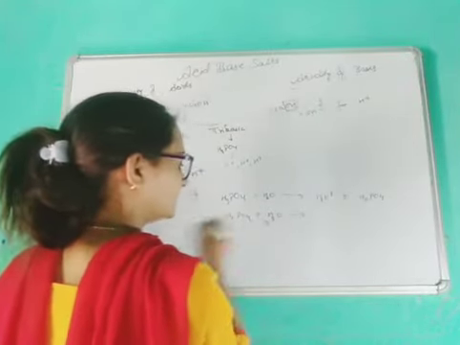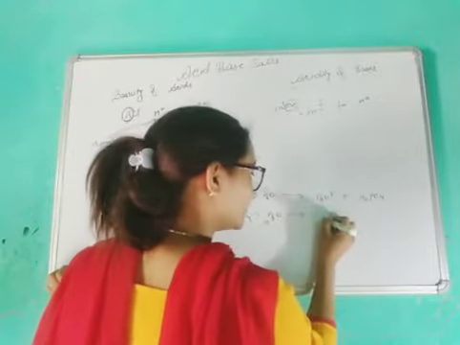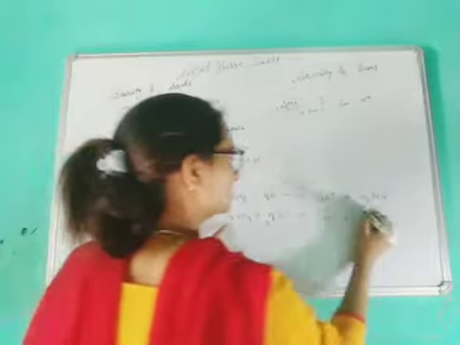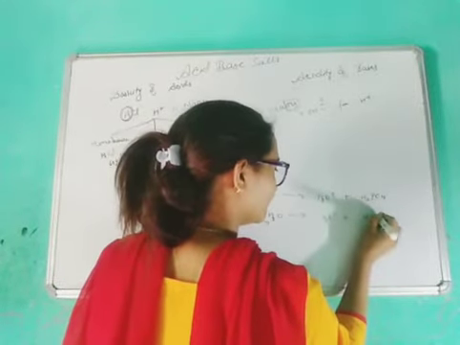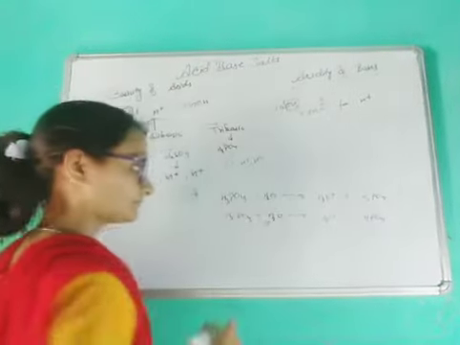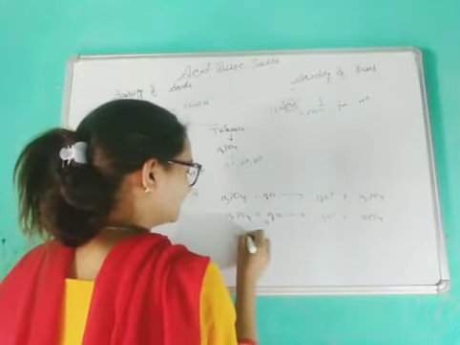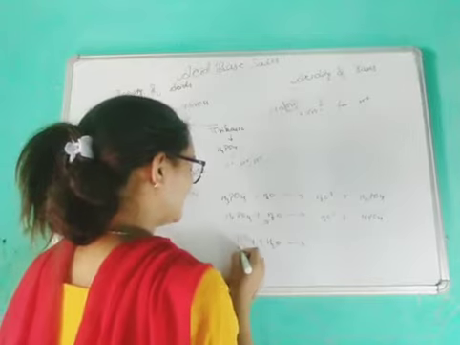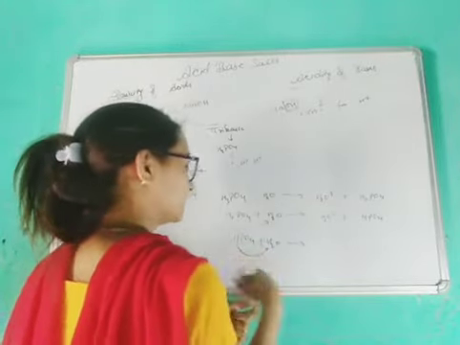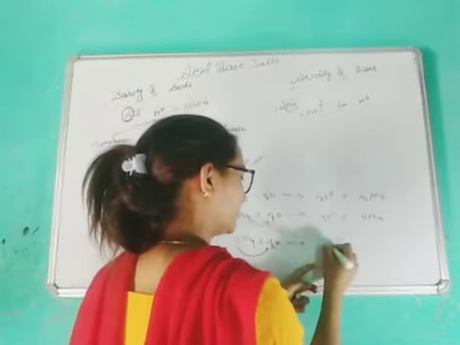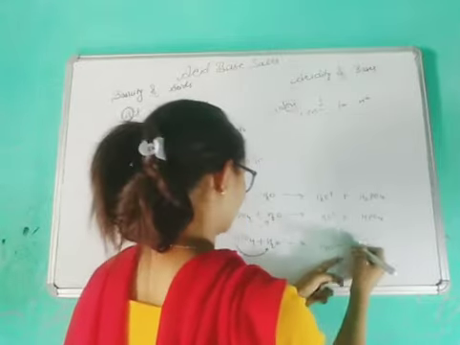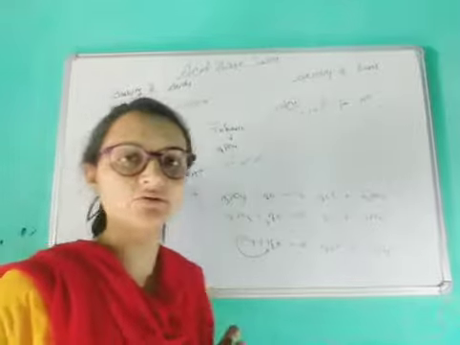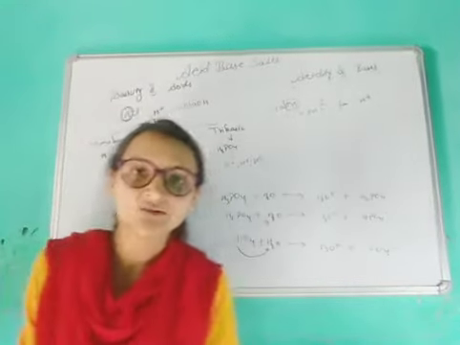Hydrogen will transfer to H2O, H3O positive again, and left is only one hydrogen, and it will become HPO4 negative. Now HPO4 plus H2O. This left hydrogen will transfer to the H2O. It will become H3O positive plus PO4 negative. Now there is no hydrogen, so hydrogen gets completely dissociated.